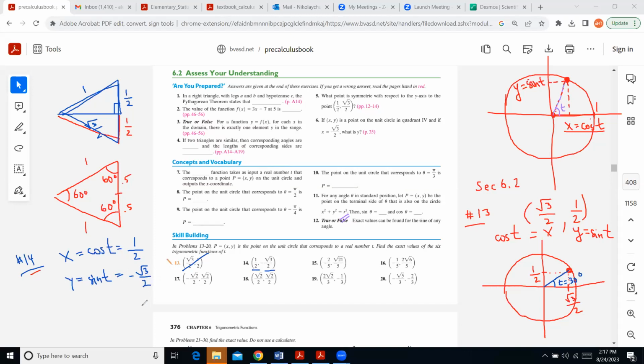And then again, notice that if I try to put this on the picture with a point on the unit circle, then x-coordinate of it will be 1/2 for cosine, but y-coordinate of this point will be down below because it's negative square root 3/2. You see that? So 1/2 is here. That's x, and y they gave it to us, negative square root 3/2.